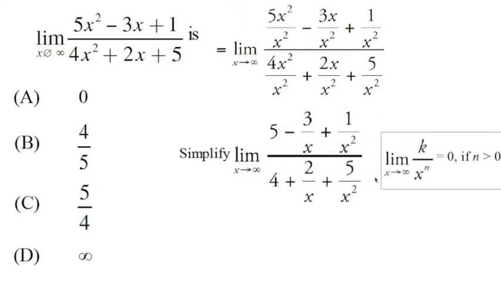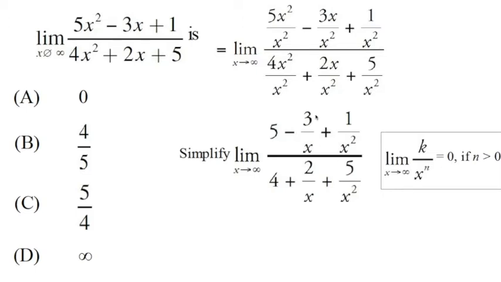Well, as we assess any limit as x approaches infinity for a rational expression where the denominator is phrased in terms of that variable, then any constant k over x to the n, where n does not equal 0, including x to the first power, approaches 0 as x grows.